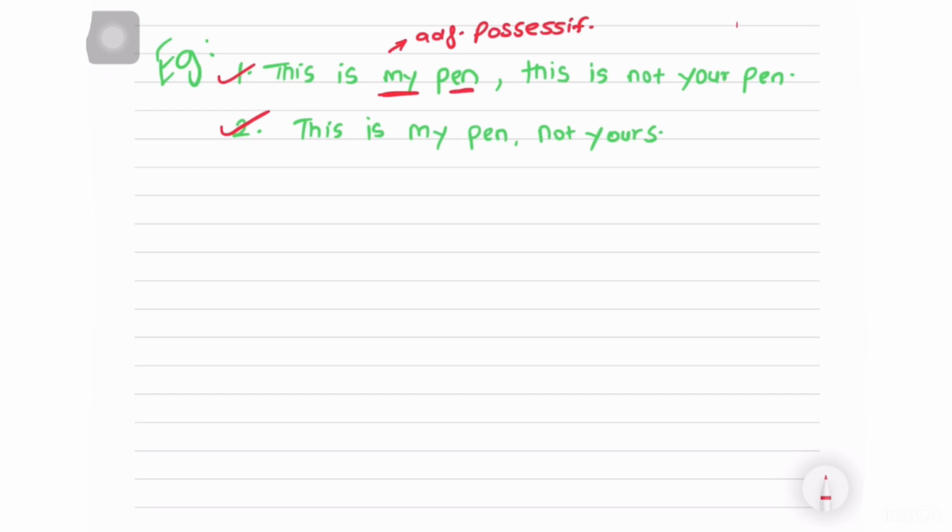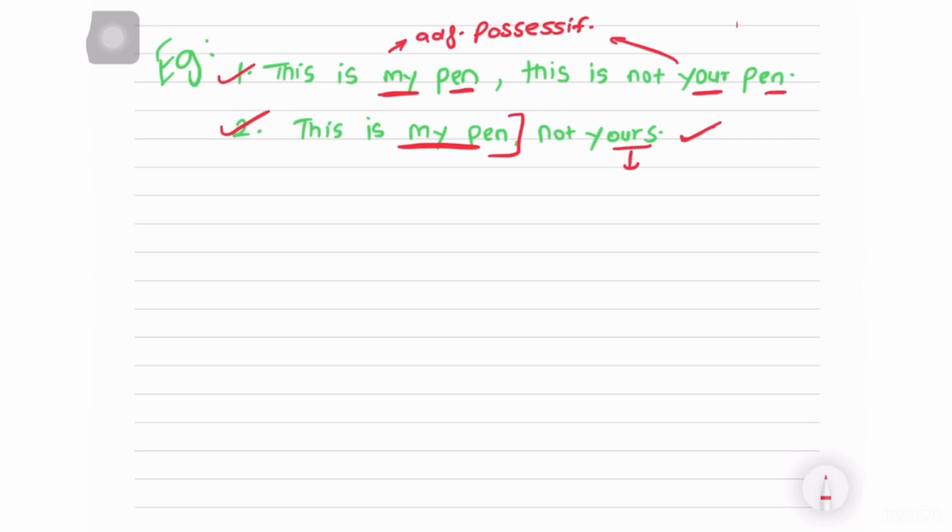Now, second part of the sentence, this is not your pen. Here, your is also adjective possessive, because it's telling us whose pen it is. Now the second sentence, again, the first part is the same, that is my pen, but in the second part, we say just yours. Both the sentences are saying the same thing. This sentence is saying pen twice, and here we only say it once.